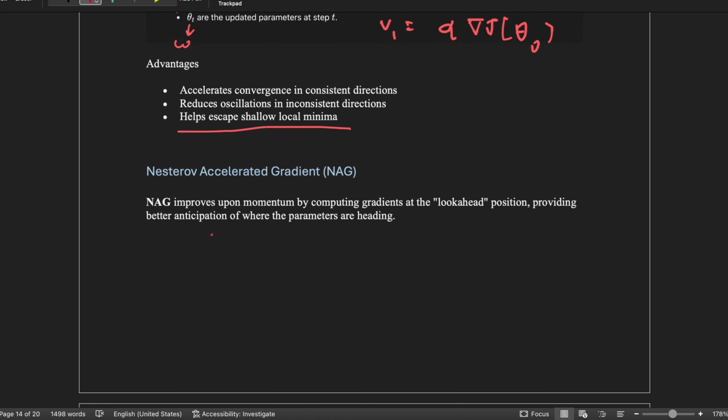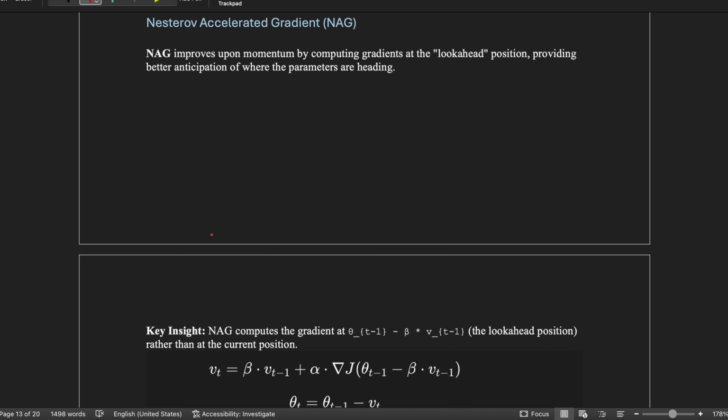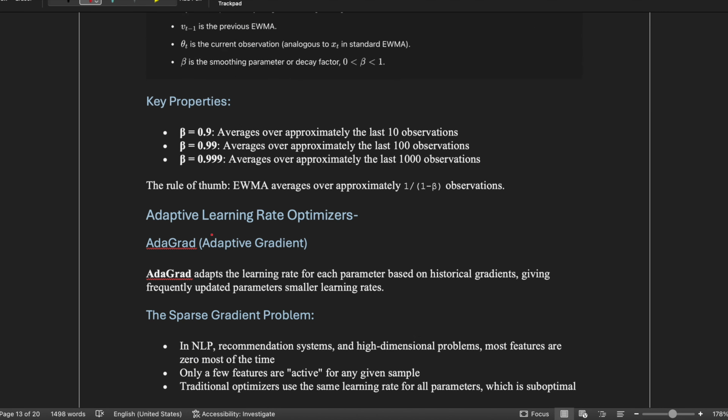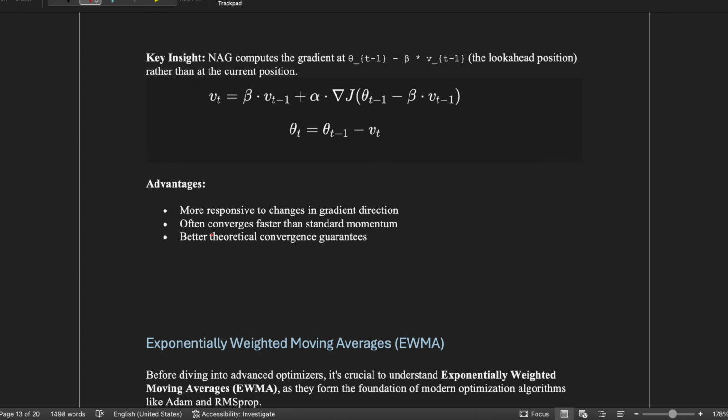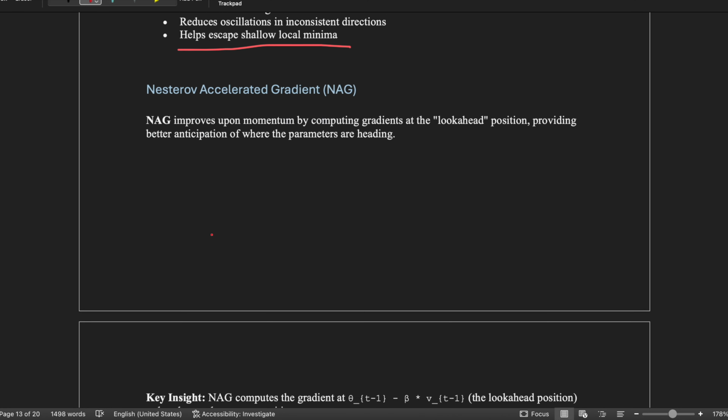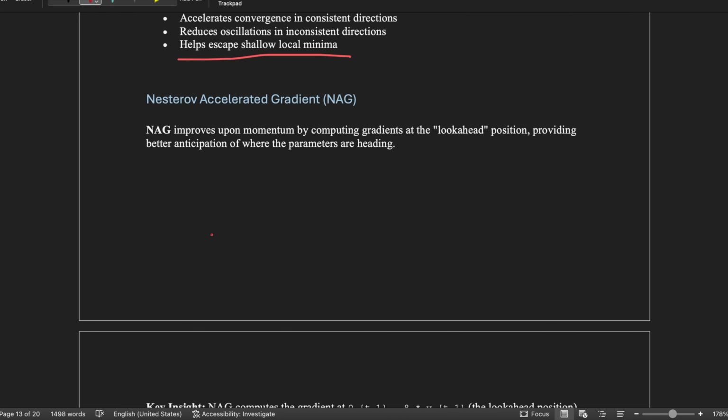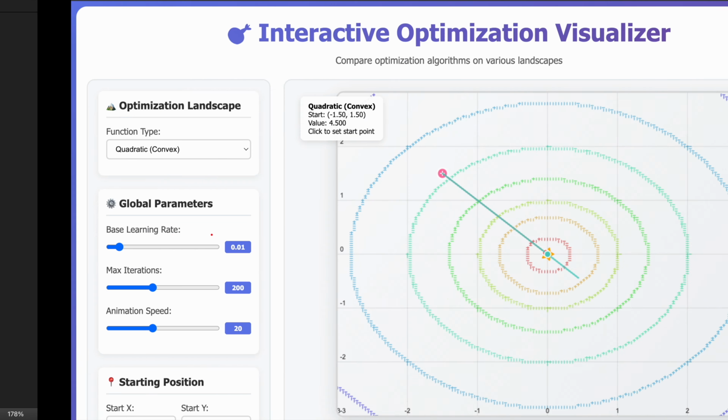Now, let's try to understand Nesterov gradient descent. Before getting into the concept, it's better to first understand through the graphical part, the visualizer, and then go through the theory.